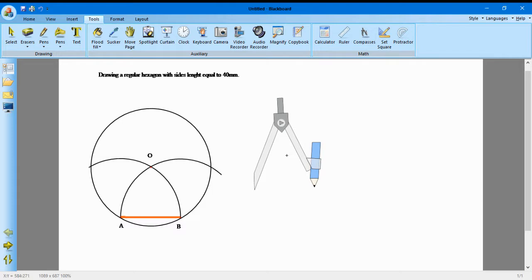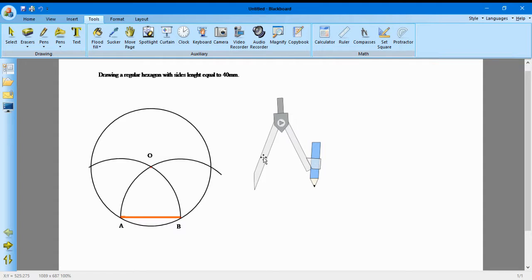Make sure that it's open good and it's not closing all the time, and make sure you have a sharpened pencil for you to draw the arcs and the circles. Remember that all those lines and arcs need to be light. They are construction lines, or what we can call construction arcs. They are not supposed to be too dark.